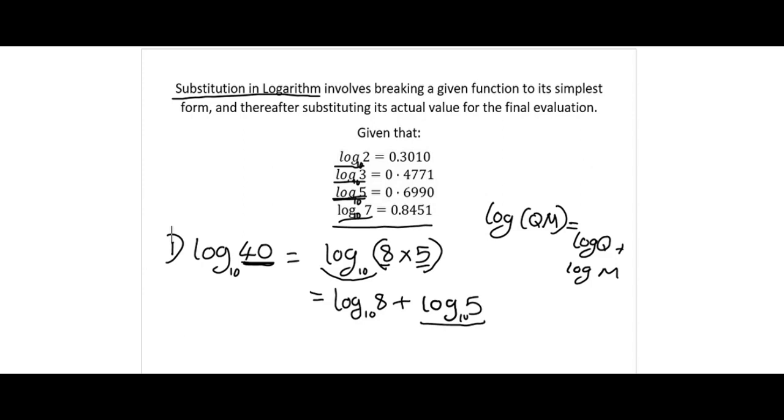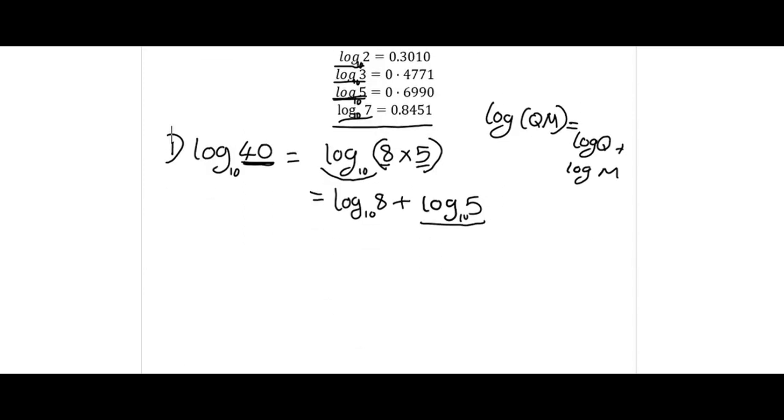So I'm still going to break down this expression to have a simpler form. So I'll have log 10. What can I do to 8 that can be broken down for me to get an expression here? 2 raised to the power of 3 is 8.